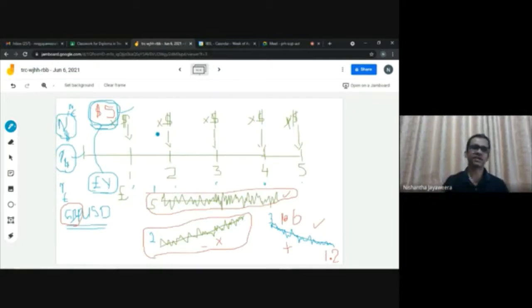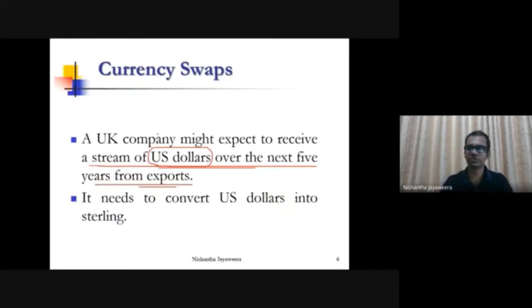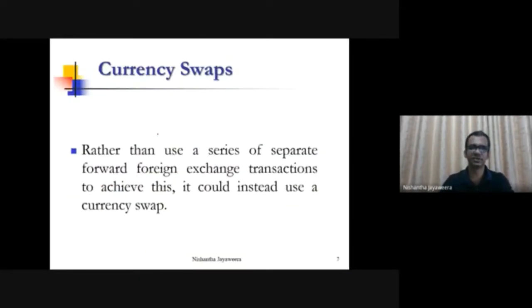Then your sterling cash flows will be fixed. Whatever the exchange rates prevail in the future, you will receive the same amount of sterling pound. So this is one of the examples that you can use to hedge your cash flows.